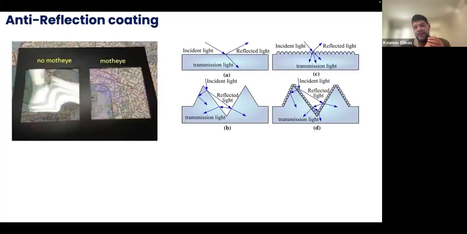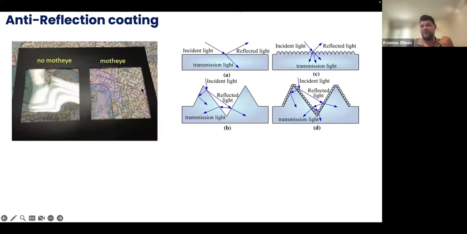Of course, another property that is coming again from the micro and nano texturing of the surfaces, the control of the optical properties of a surface. Here you can see an untreated glass, let's say, and here you can see a glass that has micro and nano textures on it.